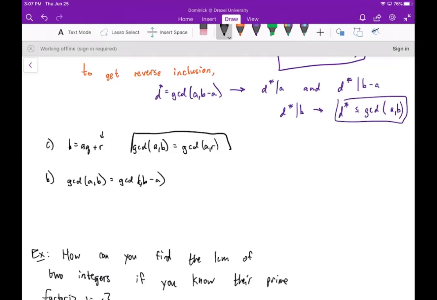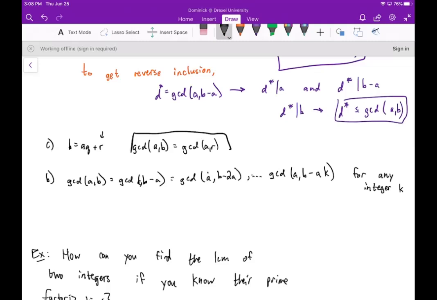Now, by this argument, we could apply this again and get that this is the GCD of A and B minus 2A, right? Or GCD of A and B plus A times K for any integer K. Right, and let me put minus just so that it matches sort of what we had.